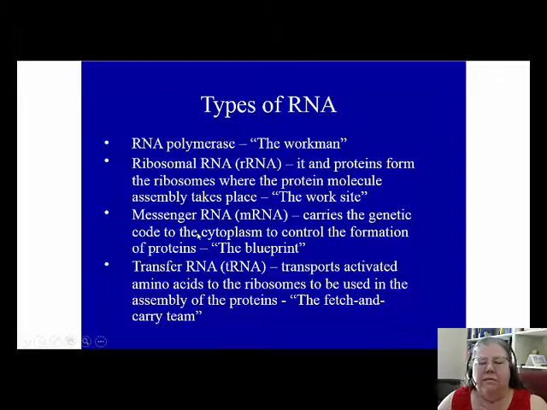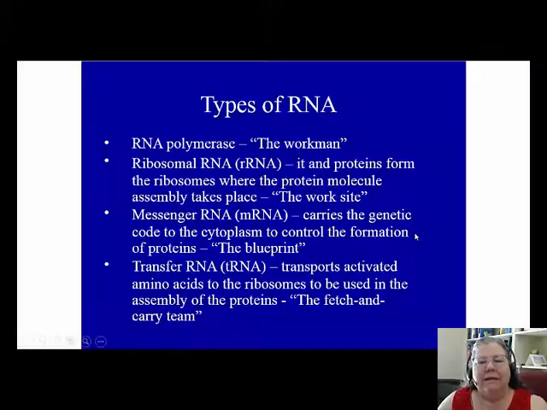These are just some terms that people use. If you think about it, the RNA polymerase is kind of going along and doing the work. The ribosomal RNA becomes the ribosome where work is going to happen.